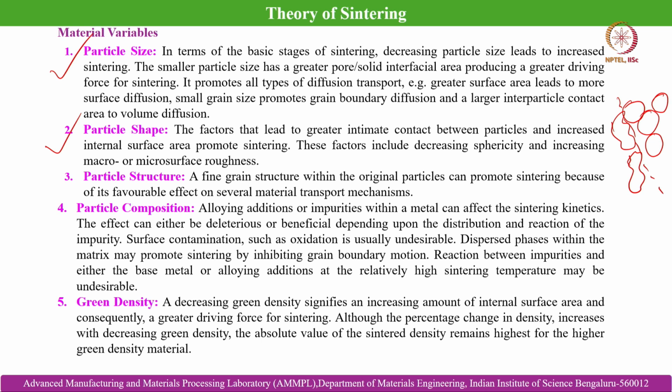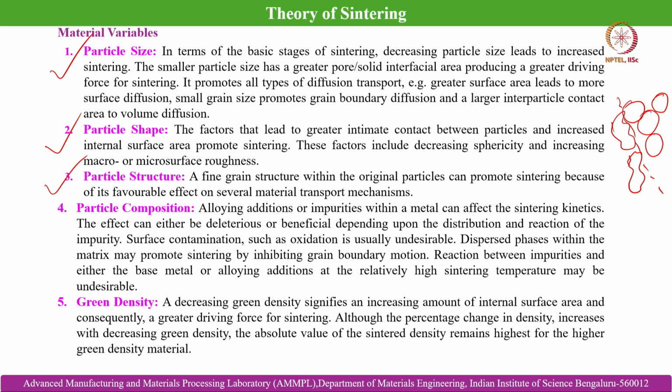So, we have discussed size and shape, then the particle structure. A fine grained structure within the original particles can promote sintering because of its favorable effect on several material transport mechanisms. The transport mechanisms we have already discussed: grain boundary transport, lattice diffusion, diffusion from the dislocation.